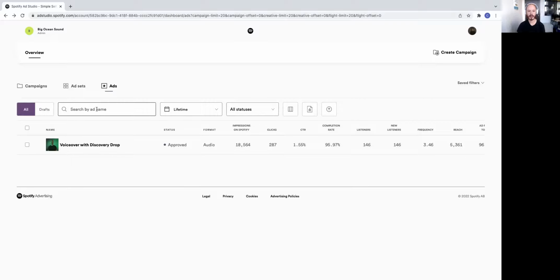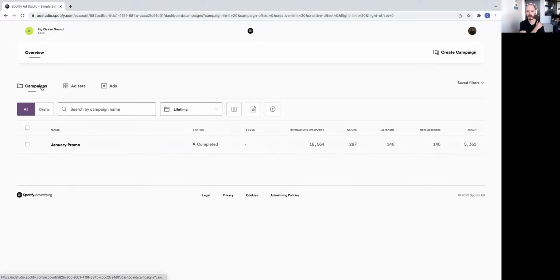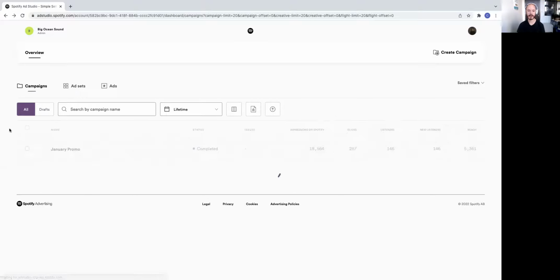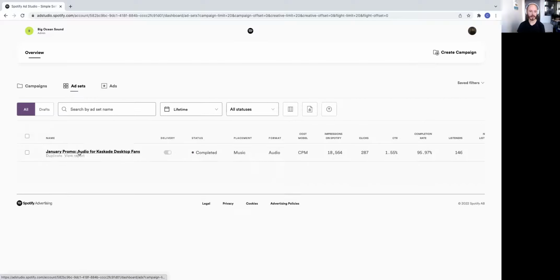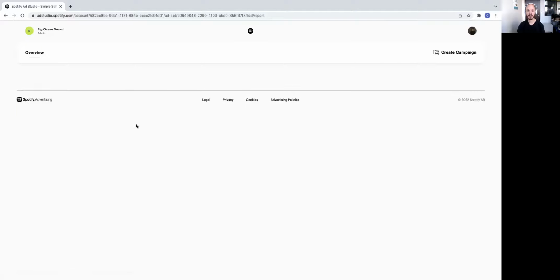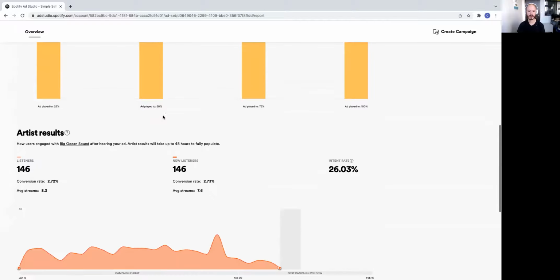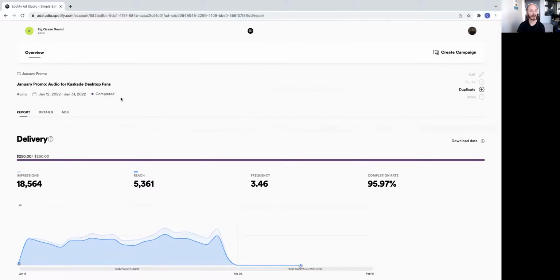The other thing that I want to talk about: the campaign is the overall level of your ad, essentially. The ad set is really important because the ad set basically says who you target. I chose to target a very specific type of person, I'll show you right here. It's pretty much the same stuff I just showed you, but where is it?